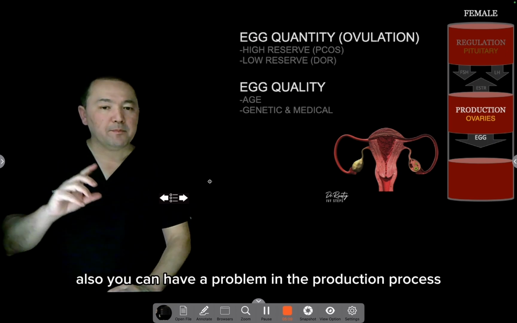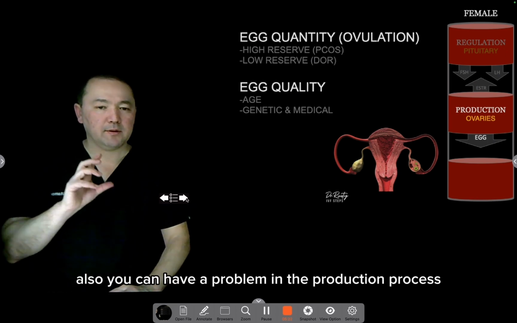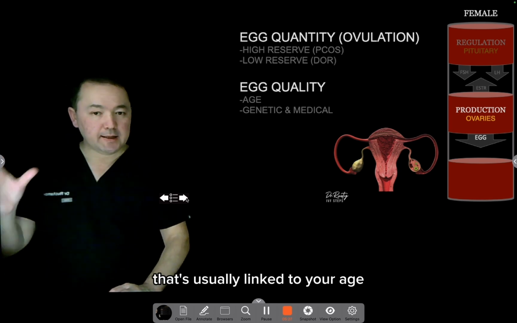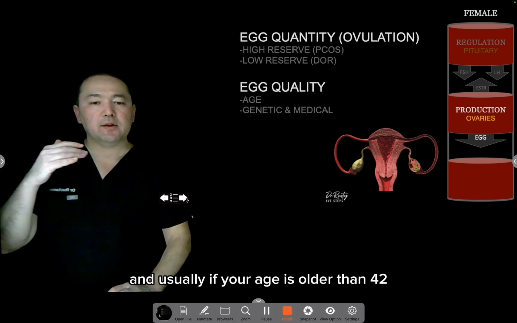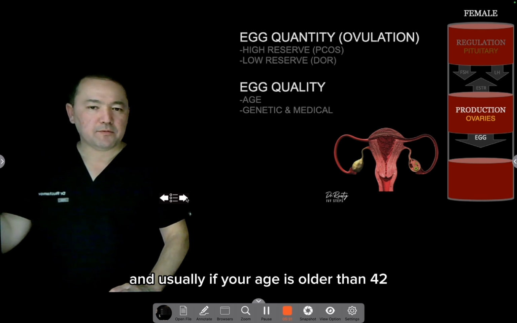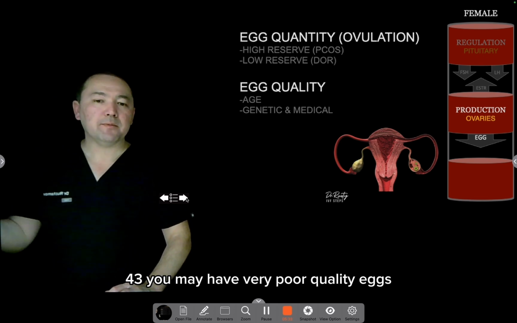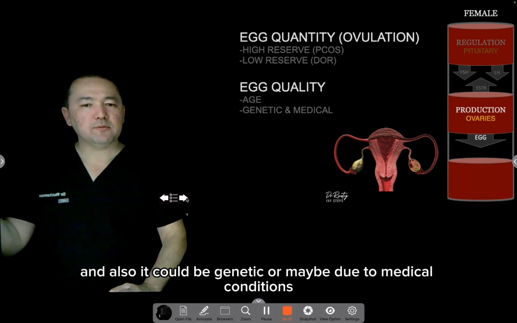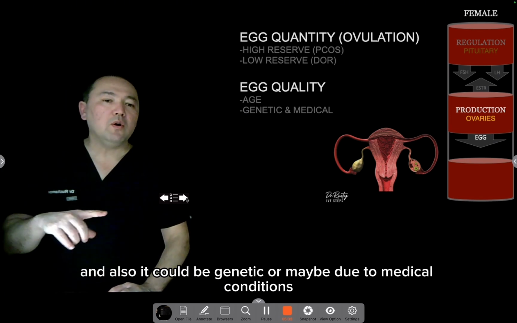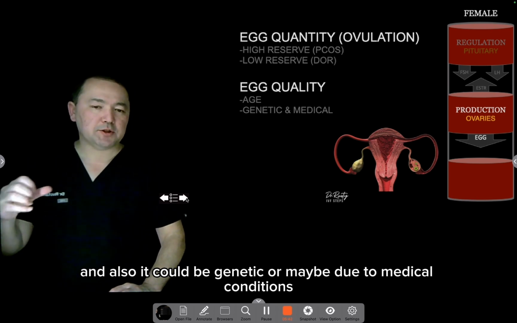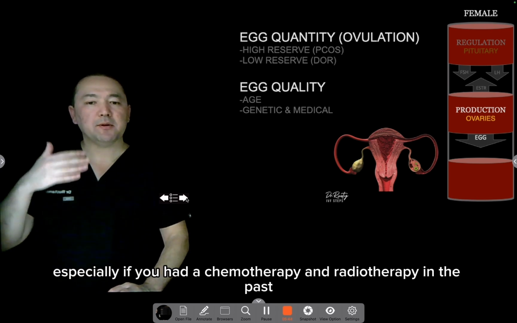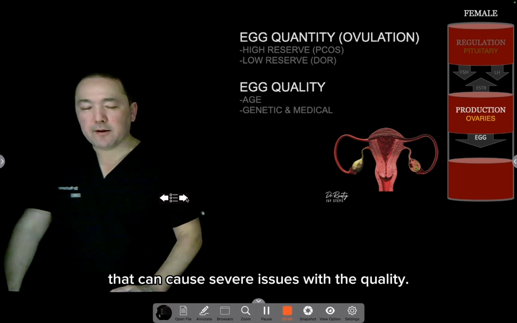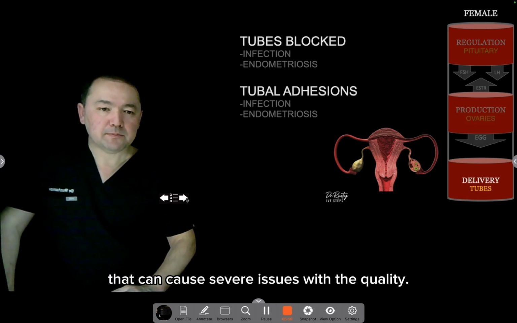Also, you can have a problem with the production process if you have poor quality eggs. That's usually linked to your age, and usually if your age is older than 42, 43, you may have very poor quality eggs. And also it could be genetic or maybe due to medical conditions, especially if you had chemotherapy and radiotherapy in the past, that can cause severe issues with egg quality.